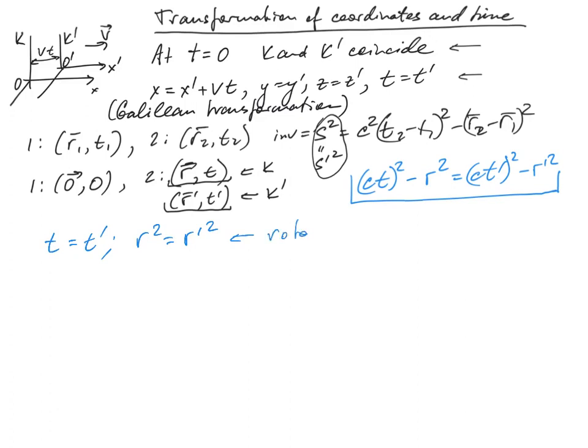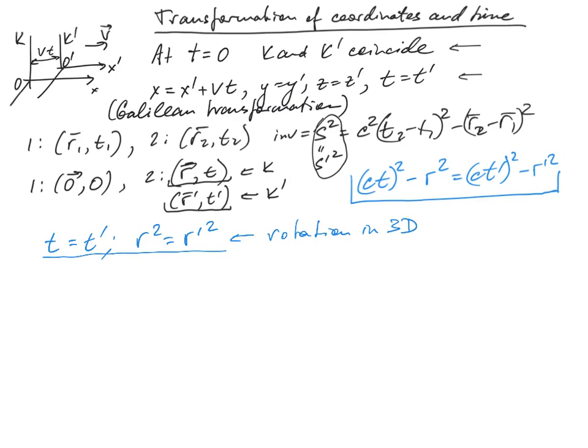So this is a simple rotation in 3D. But this is not the transformation that we want. The transformation that we want involves a transformation from K to K prime, where one is moving with respect to another. Although this rotation in 3D preserves the interval and is compatible with everything, it's not the most general kind.